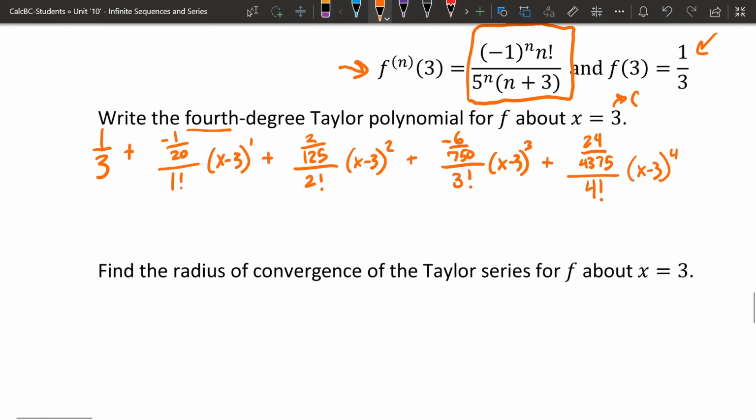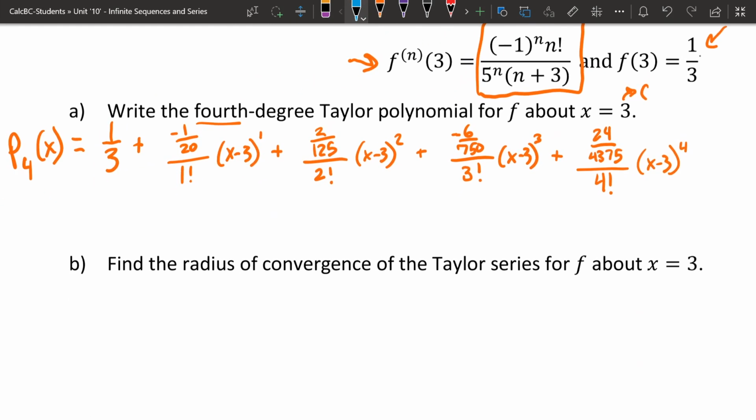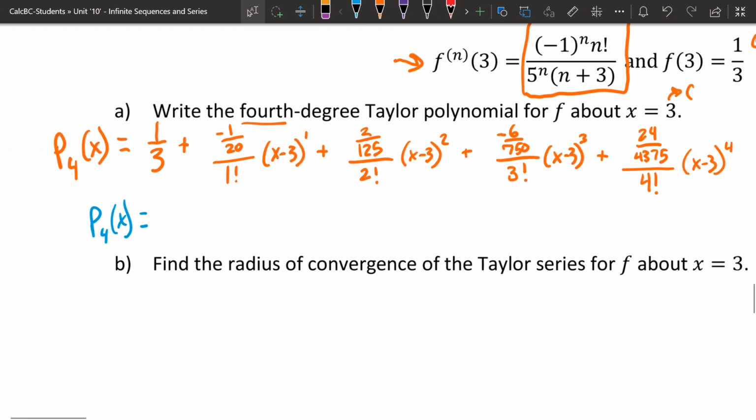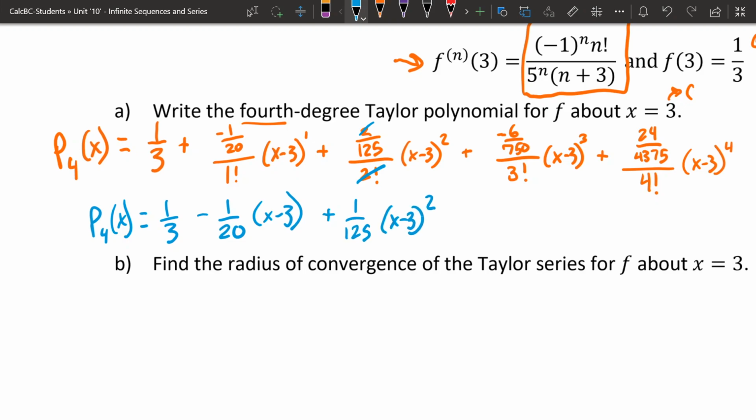All right, let's see what we can do to simplify that. Can't do anything with the 1/3. This is just negative 120 times x minus 3. 2 factorial is just 2, so 2 over 2. That leaves us with just 1 over 125 times x minus 3 squared. 3 factorial is 6, so 6 and 6.